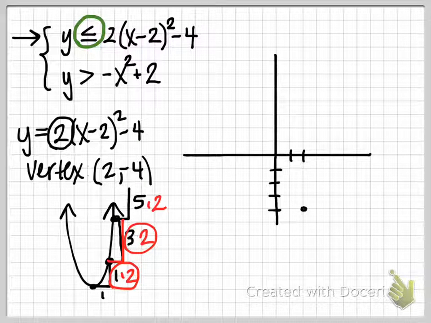So going back to my parabola, starting at the vertex at 2, negative 4, we're going to go to the right 1, and then count up 1, 2, and that's my next point on my parabola. We can do that moving to the right, and as well to the left 1 and then up 2. There's my next point.